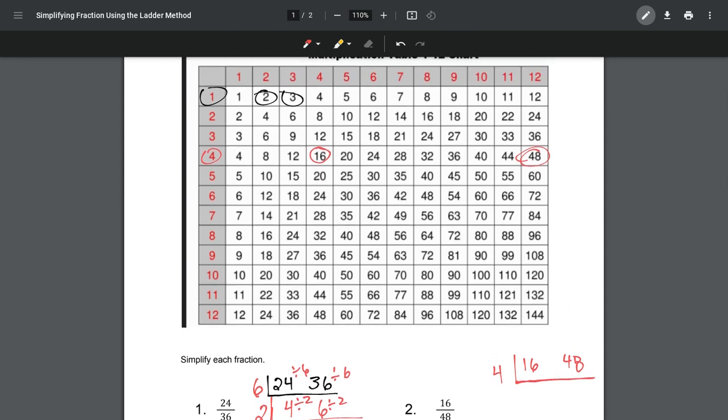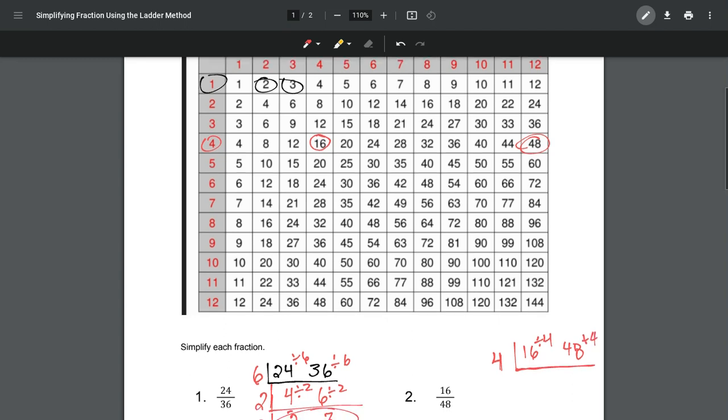So you know that both of those are divisible by 4. Well, 16 divided by 4 is 4, and 48 divided by 4 is 12. And you can find those numbers here, if you're not good with multiplication or division.